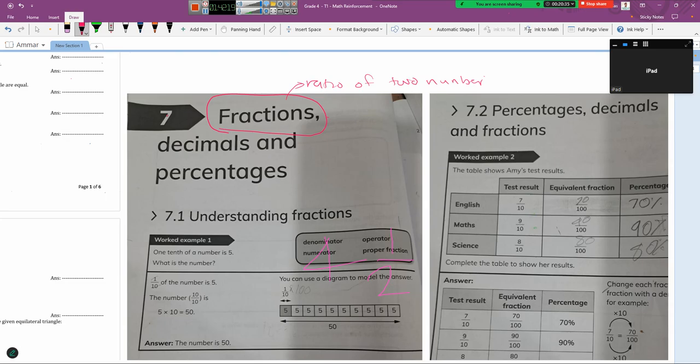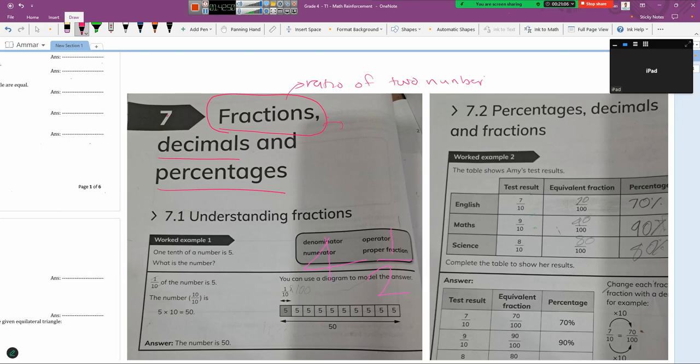We classified the fractions into two major categories depending on the size of numerator and denominator. Proper fraction and improper fraction. And in addition to that, we have mixed numbers also, right? Mixed numbers, decimals, and percentages. So this is understanding fractions.